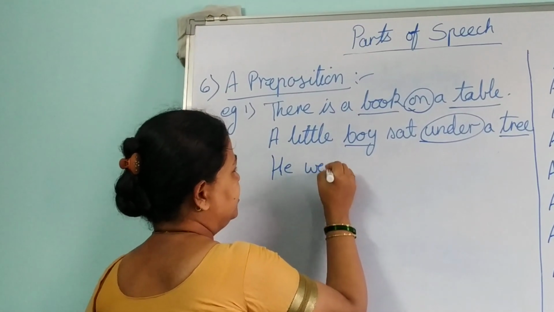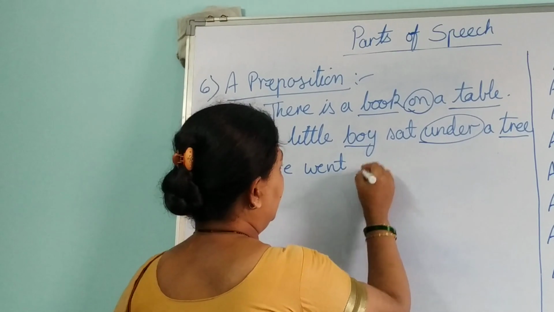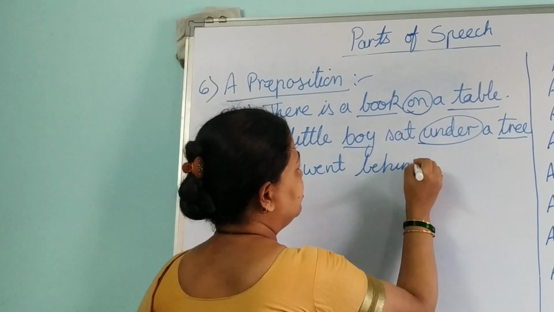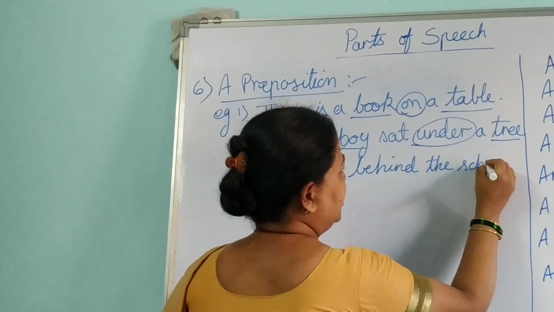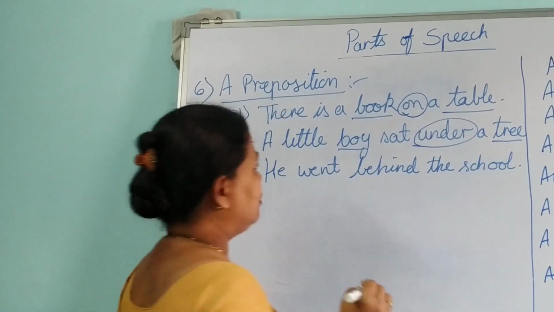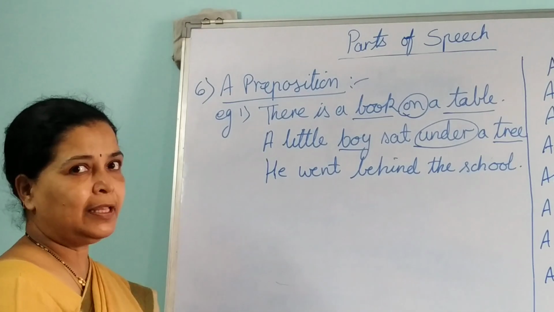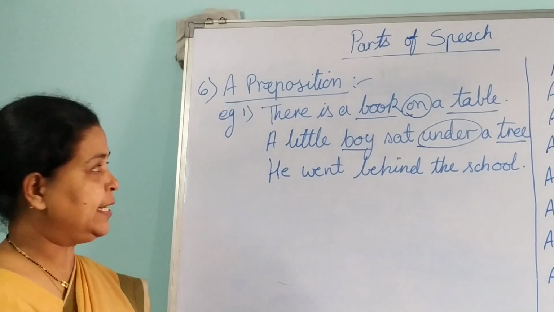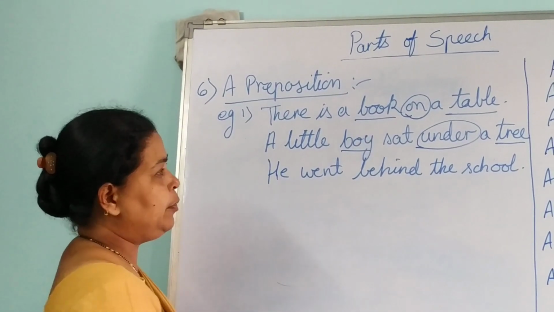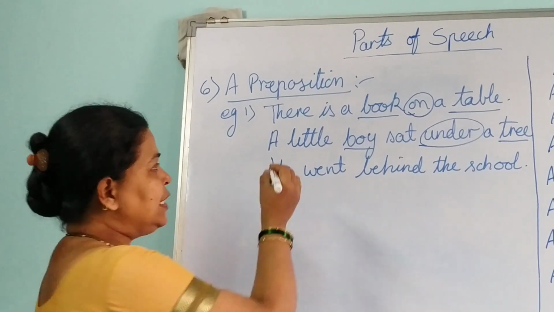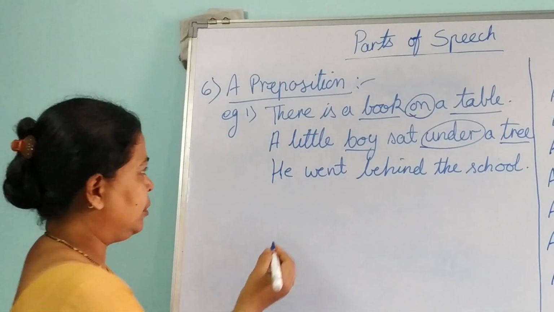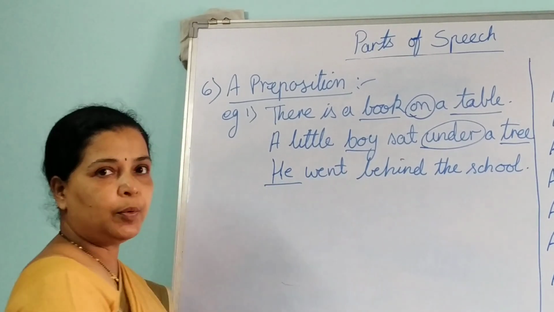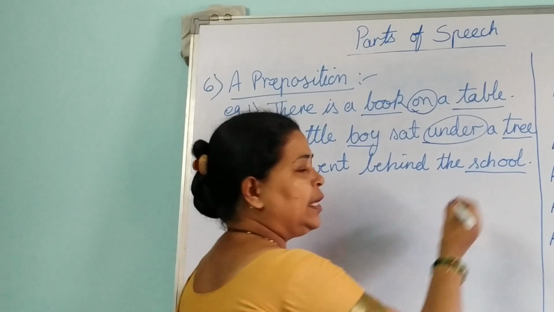He went behind the school. Now you tell me the two nouns or whether there is a pronoun or a noun in this sentence. Now look at the sentence. He went behind the school. So in this sentence we have one noun and one pronoun. So he is the pronoun and school is the noun.